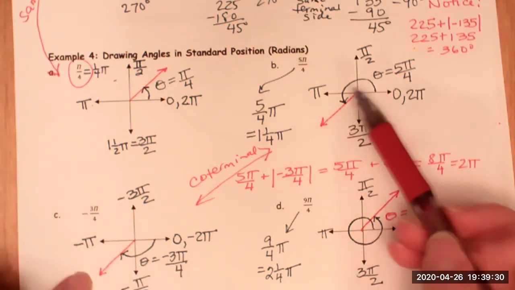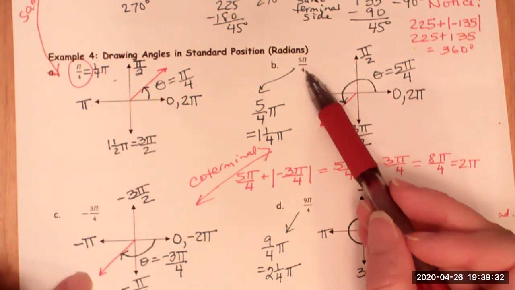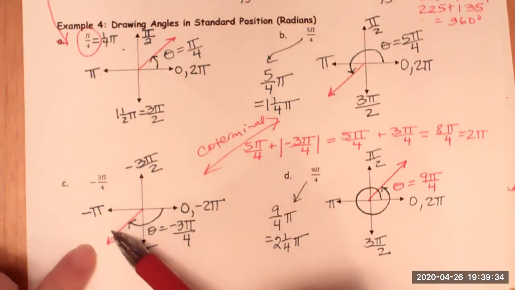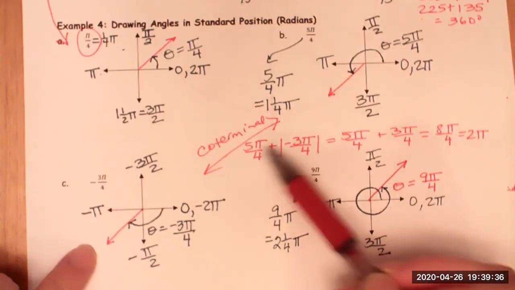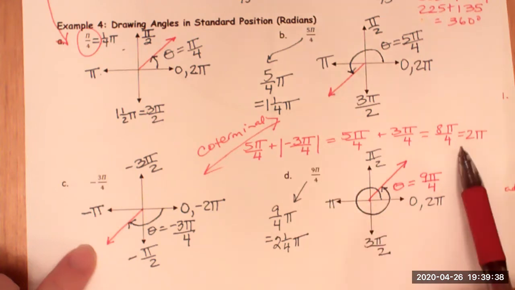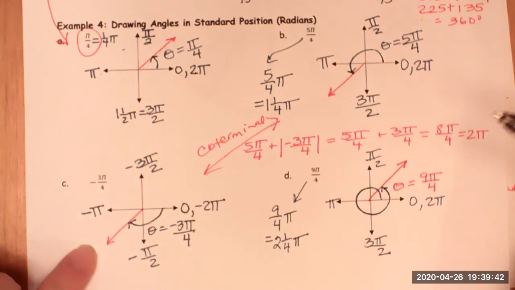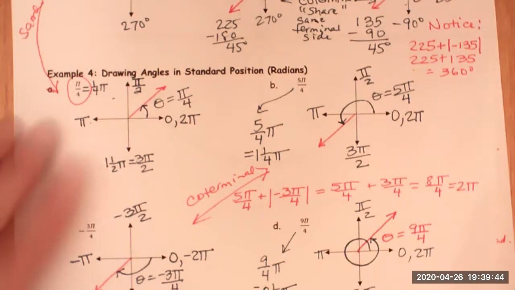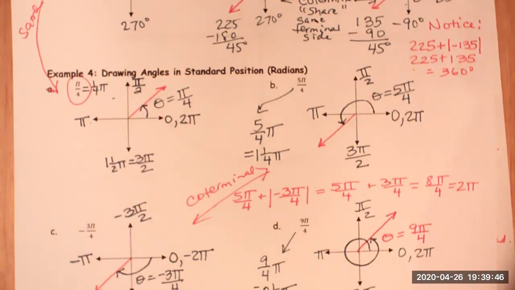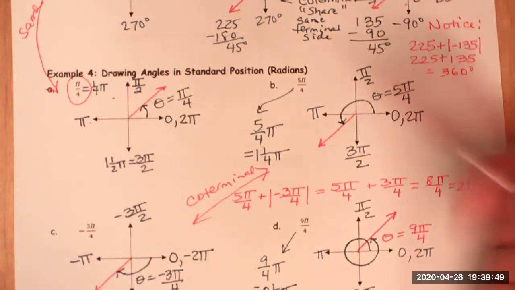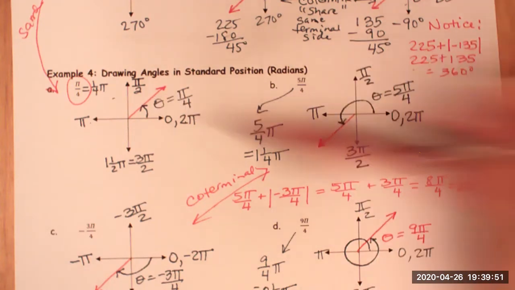If you have a positive radian measure and a negative radian measure, and you add the positive with the absolute value of the negative, you're going to get 2 pi. Another piece to notice here, it would work the same way here. These two angles right here are coterminal angles.